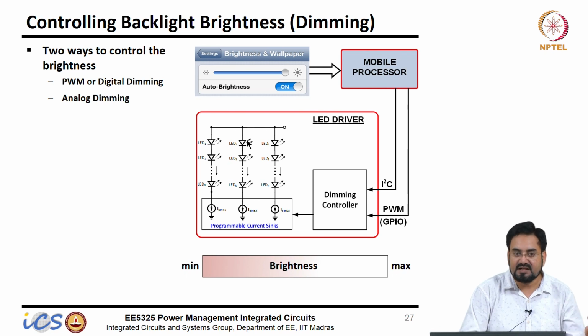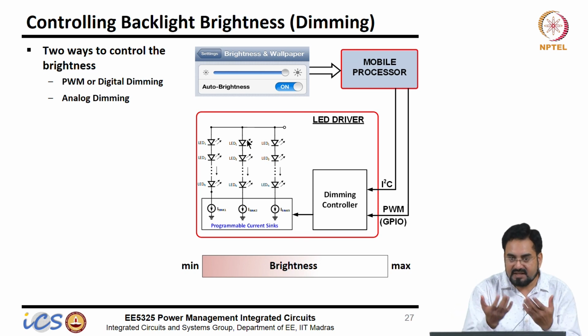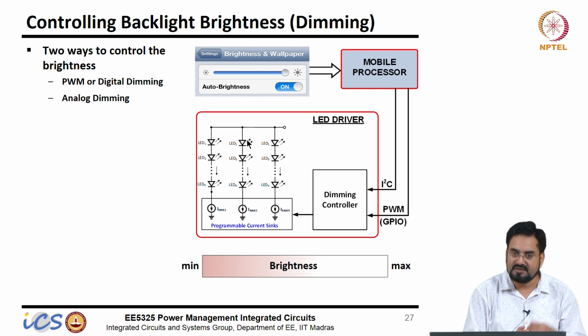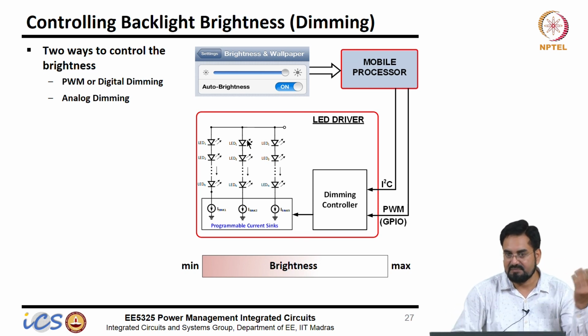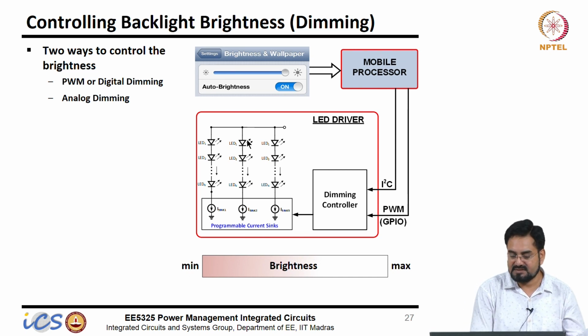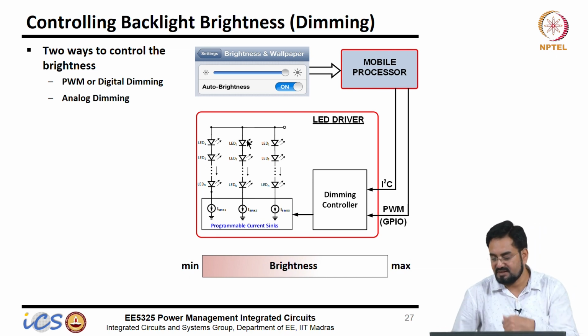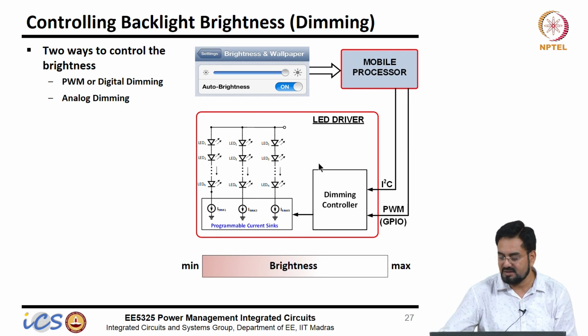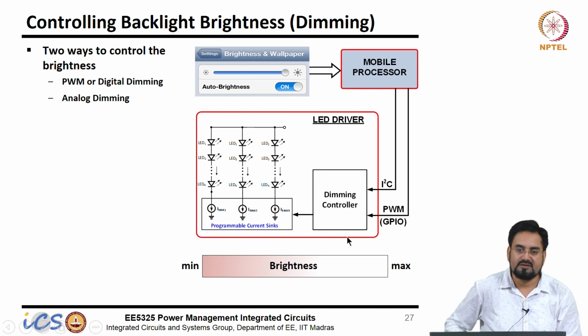If you are sitting in a dark room, even with lower brightness you can see everything, so it will reduce the brightness. That is how your adaptive brightness works. So the ambient light sensor will send the command to your processor, and the processor will in turn do the same thing. It will control the brightness.